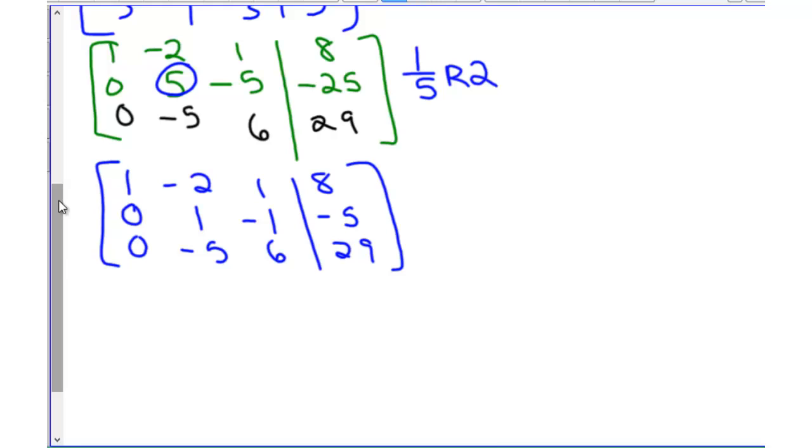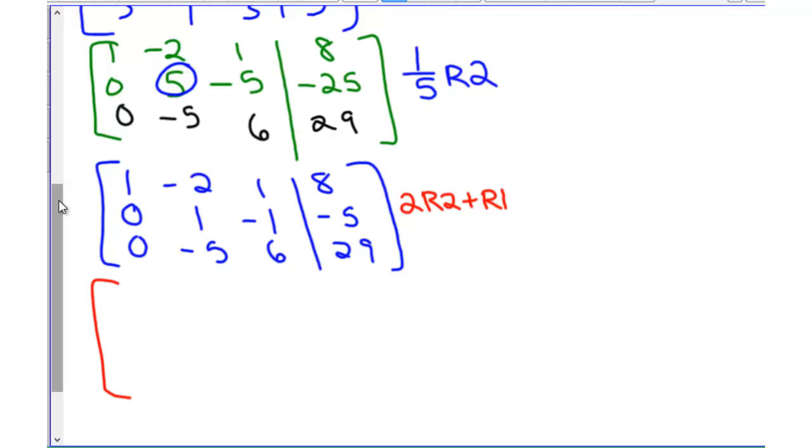Once we have the 1, now we're going to use row 2 to get row 1 and row 3 to have zeros. Because that means that we aren't going to mess this up. So here I need to add 2 to -2. So that's 2 times row 2. I'm going to add it to row 1. So this time row 1 does change.